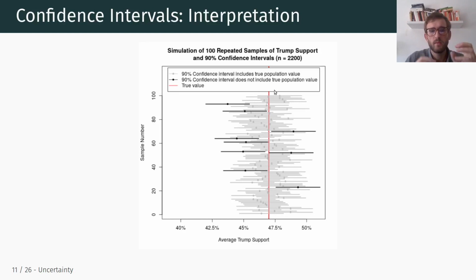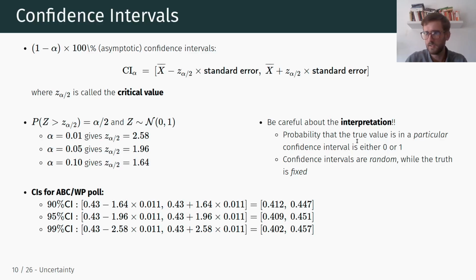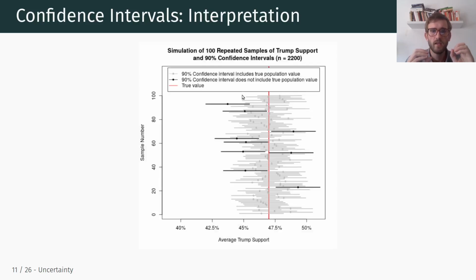What I did was simulate 100 repeated samples, each just like the Washington Post poll, then computed the average for each sample and the confidence interval based on the formula that we have up here, and then plotted the confidence interval for each individual sample. What we see here is the distribution of x bars. That's essentially our sampling distribution over repeated samples.